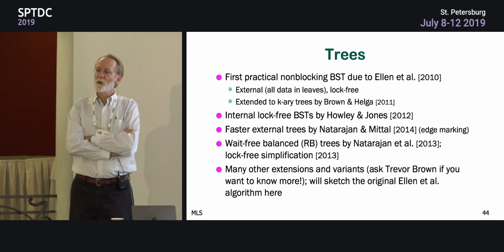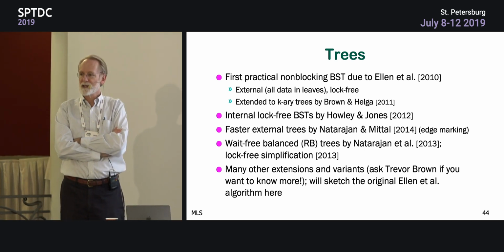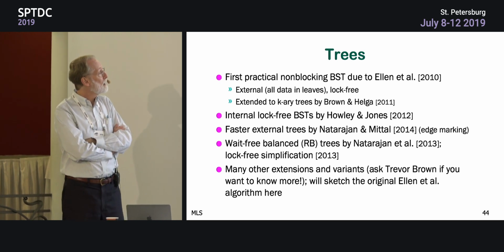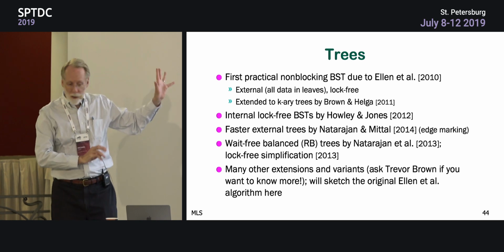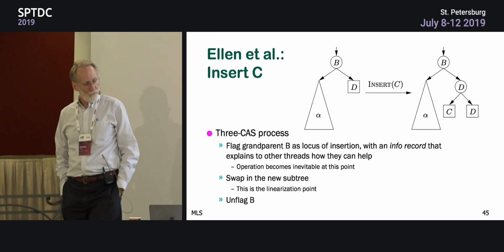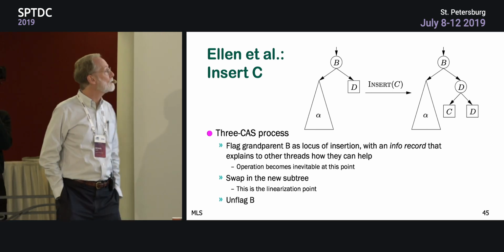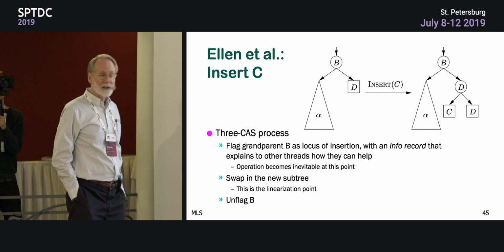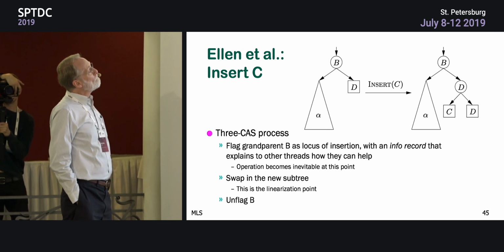So just to give you a flavor of it, let me sketch how Ellen et al.'s original algorithm worked. It's simpler than any of the other ones that are listed on that slide. So imagine an insert operation. This is a figure drawn directly out of their paper. I literally copied the postscript.